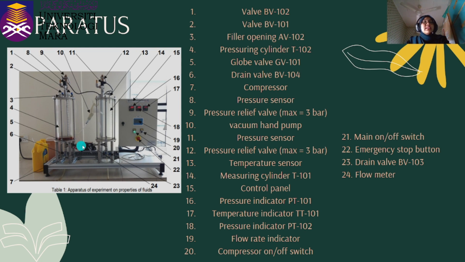Globe valve GV101. The sixth one is drain valve BV104. The seventh one is the compressor. Number 8 is the pressure sensor. Number 9 is the pressure release valve, maximum equal to 3 bar.